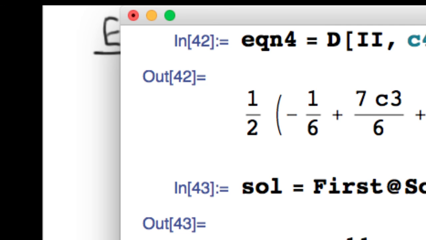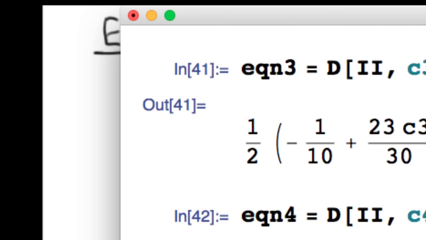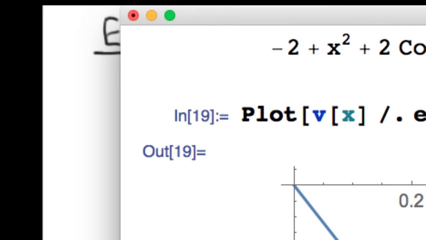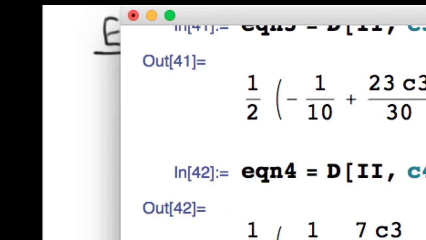Oh, C1 and C2 are in terms of C3 and C4. There we go. Oh, a little better, right? And of course, I can go on increasing the order of the interpolation until eventually they match exactly, but it's pretty close even with just a third order polynomial.